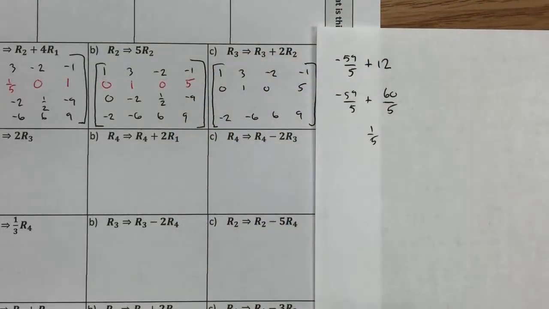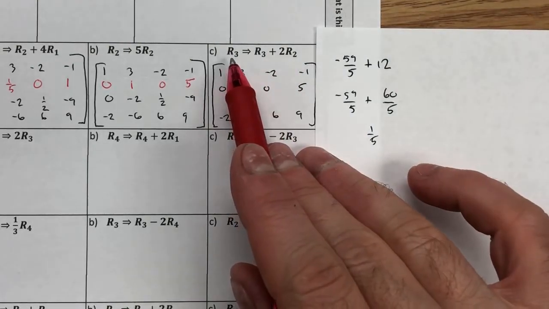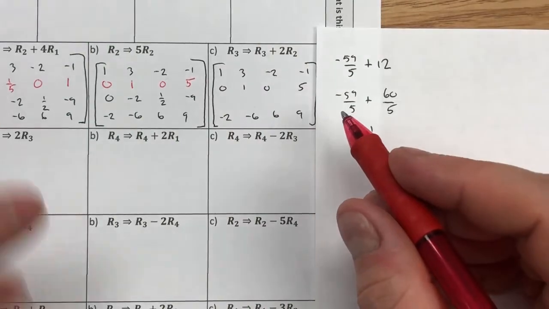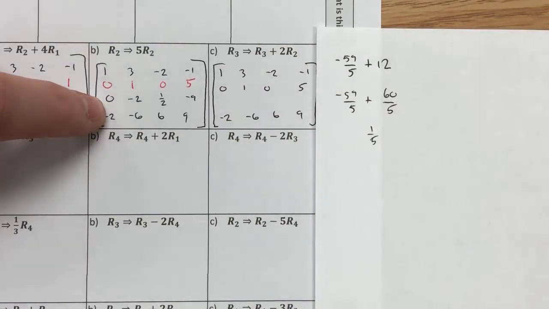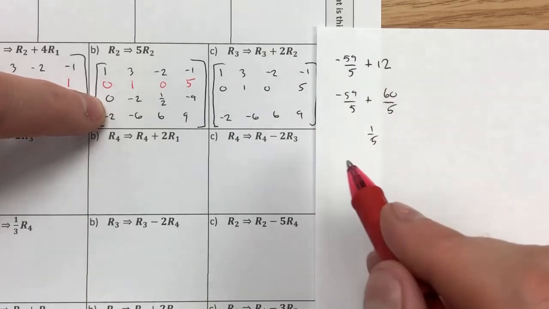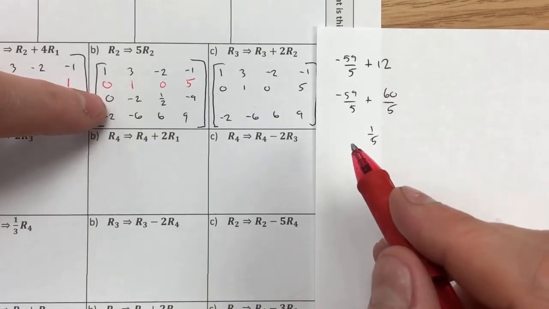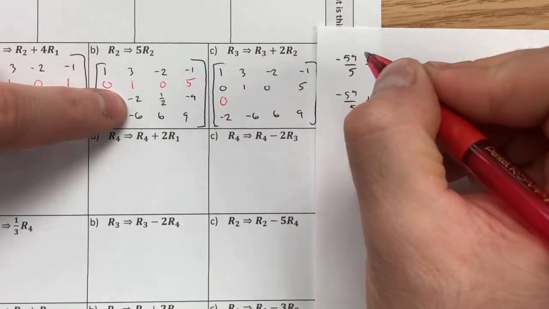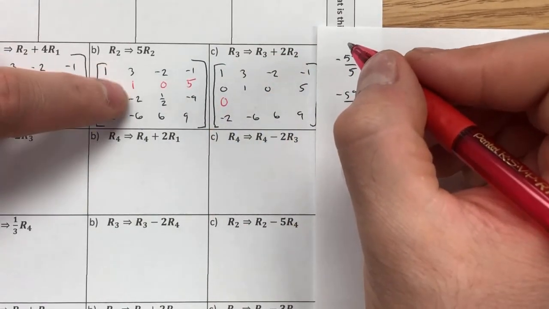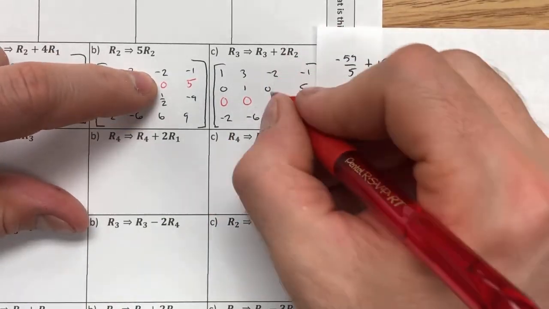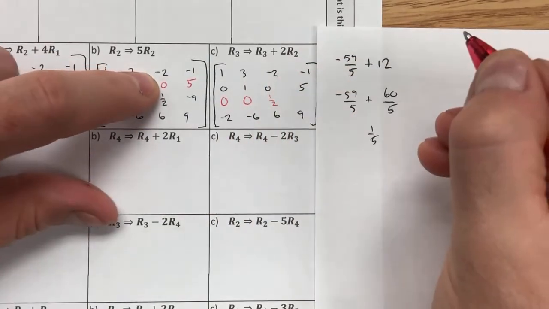And I'm going to go look at row 3. So I'm going to take row 3, which is this row, and I'm going to add 2 of the thing above it. So if you're having trouble keeping track of this, again, I would encourage just sketching out a little thing to the side. So 0 plus 2 zeros is going to be 0. Negative 2 plus 2 1s is plus 2, 0. Half plus 2 zeros is half.